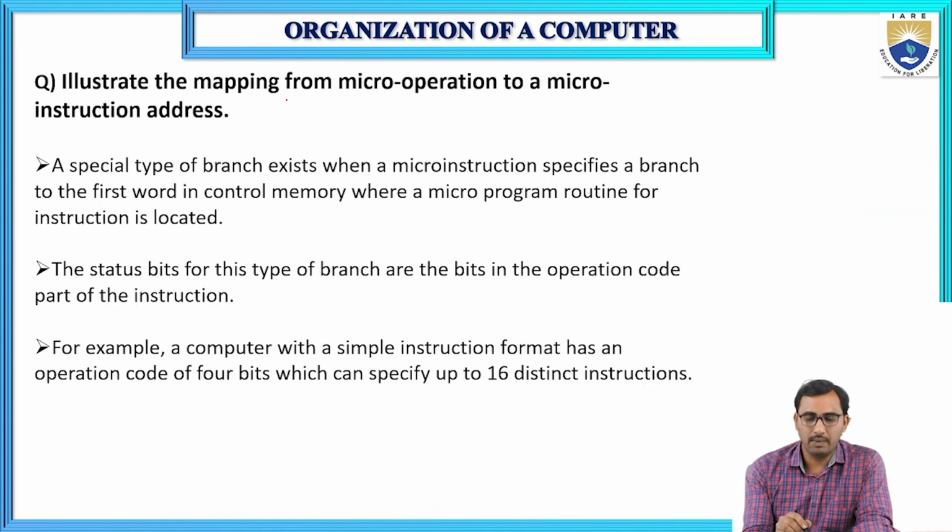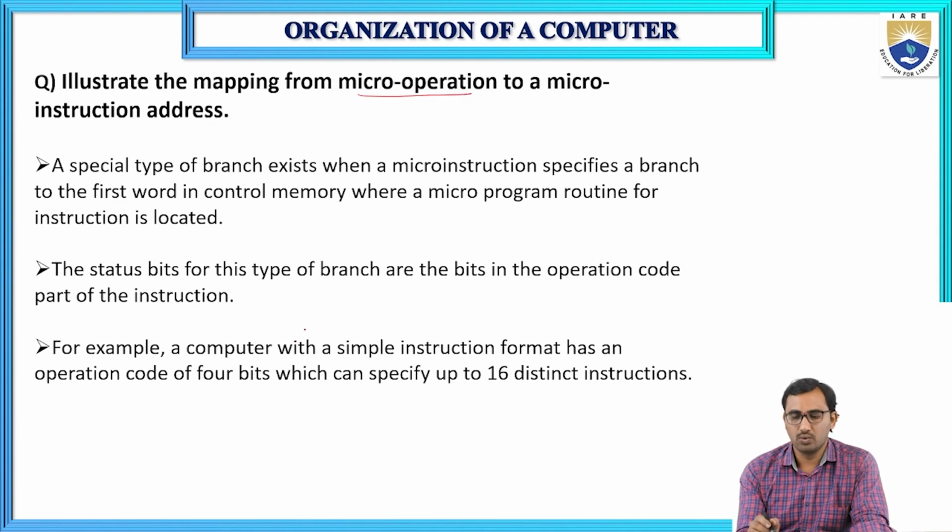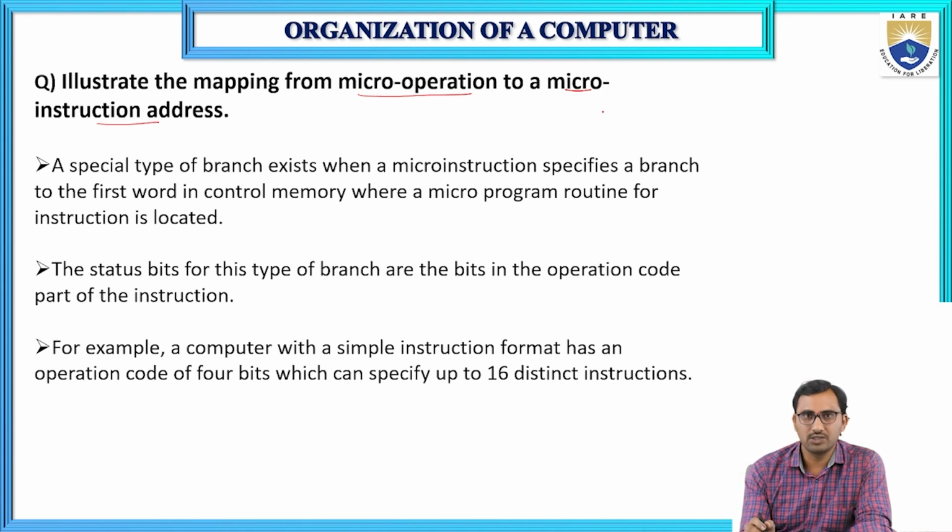Then, illustrate the mapping from micro operation to the micro instruction address. So we are mapping the micro operation of the instruction to the micro instruction address. The micro instruction address is a 7-bit address, because the control memory size is 128 bytes.